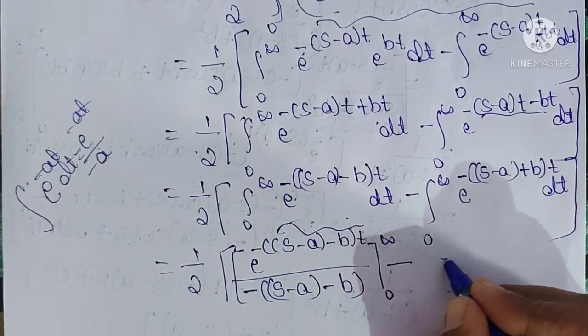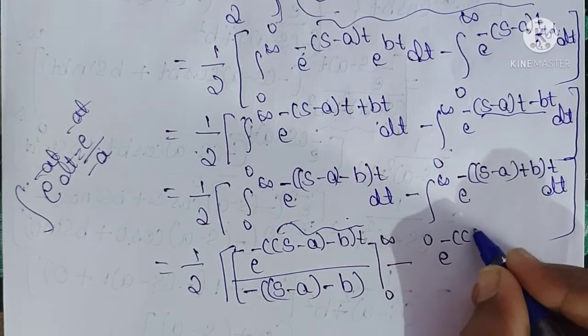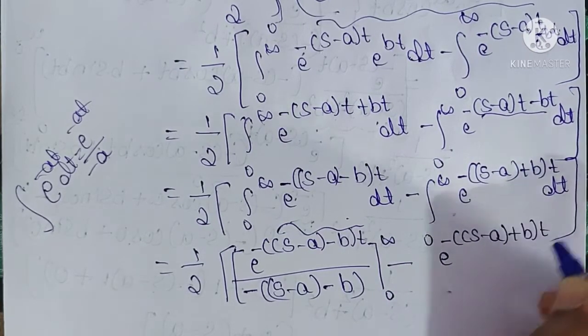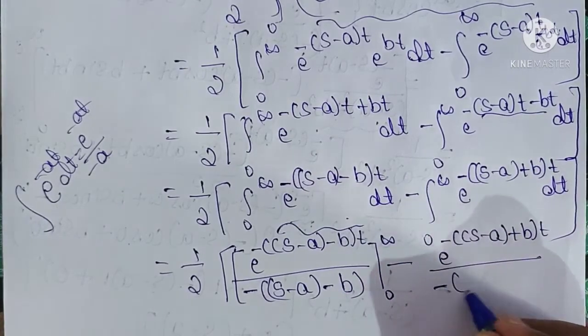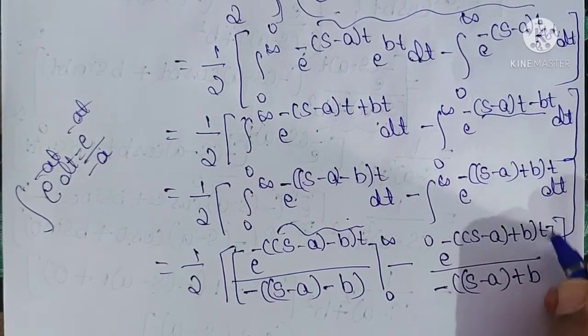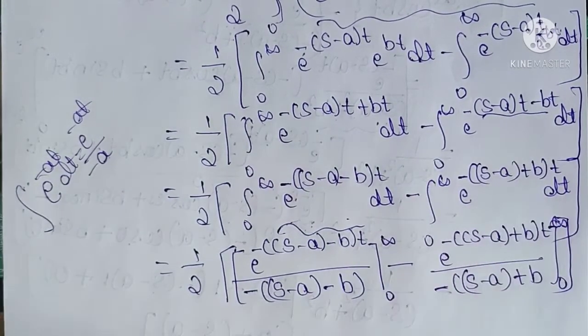For this term, e power minus s minus a plus b into t divided by minus s minus a plus b, limits 0 to infinity.